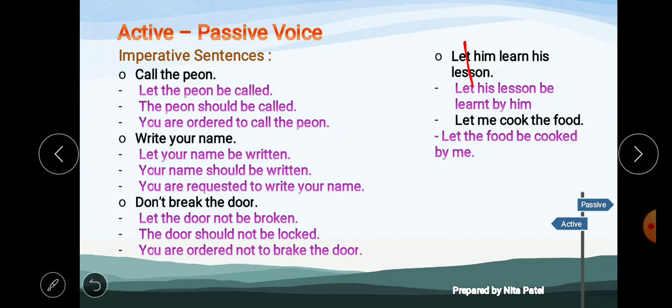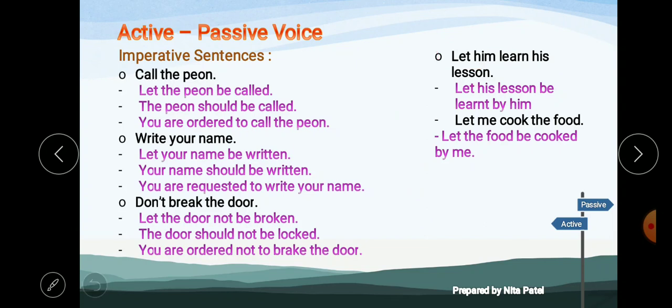So wherever you find this let kind of sentence structure in your paper, even if it is active, you can go with the fourth structure. Let him learn his lesson becomes: Let his lesson be learnt by him.